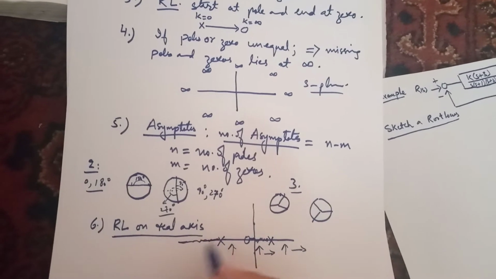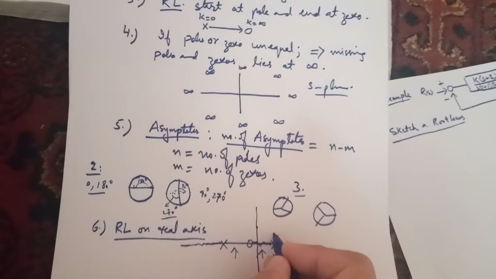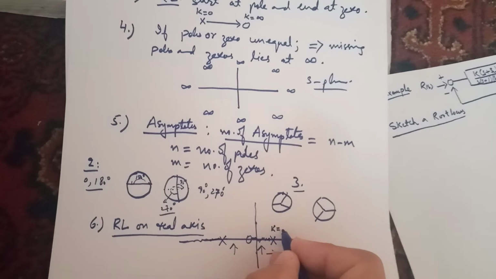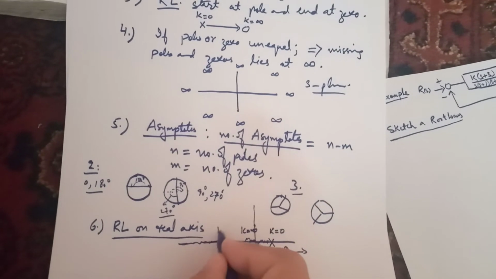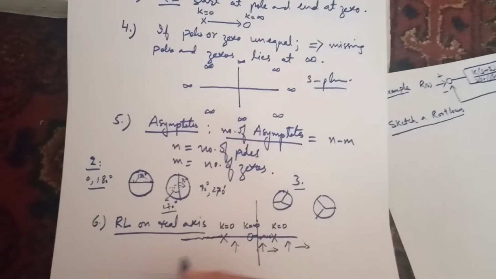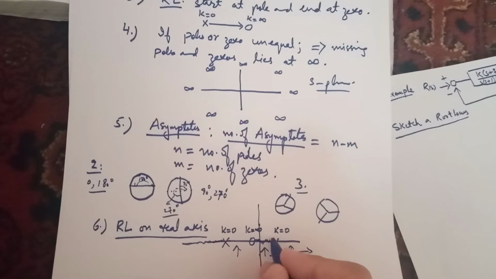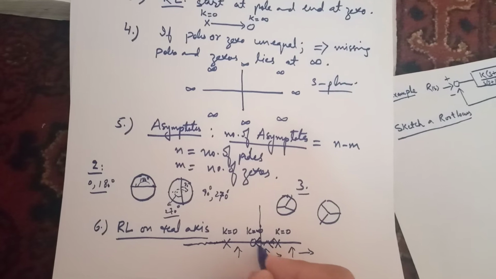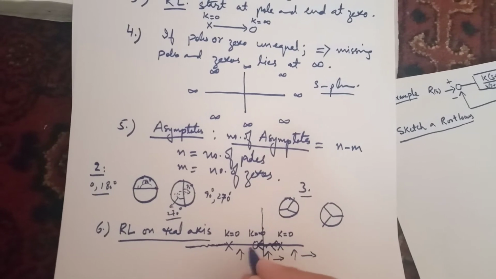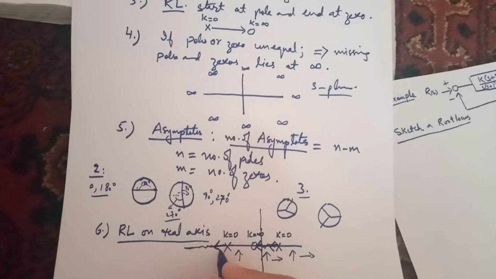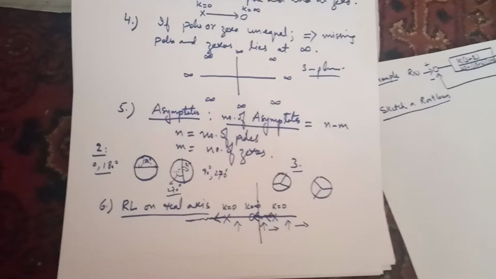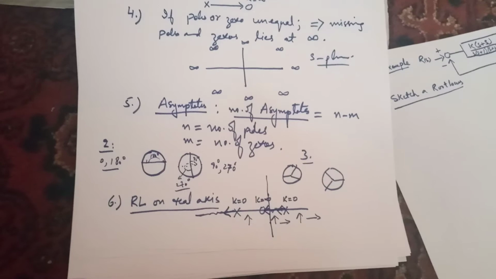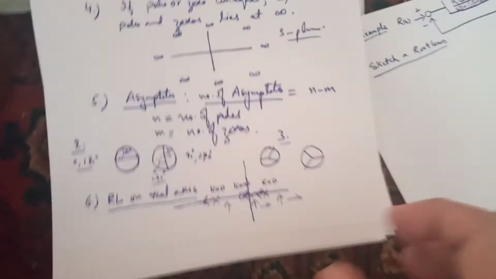This is the basic idea, and we know that at a pole the value of k equals 0, at a zero the value of k equals infinity. So k always starts from poles and ends at zeros. This is the direction, and if it starts from here, it must end at infinity. So this is the basic simple example where you can use the real axis information to draw the root locus.